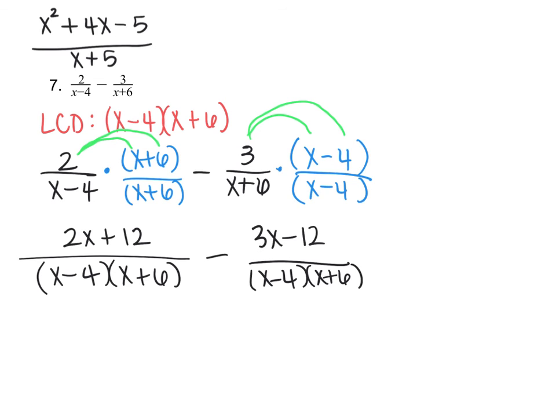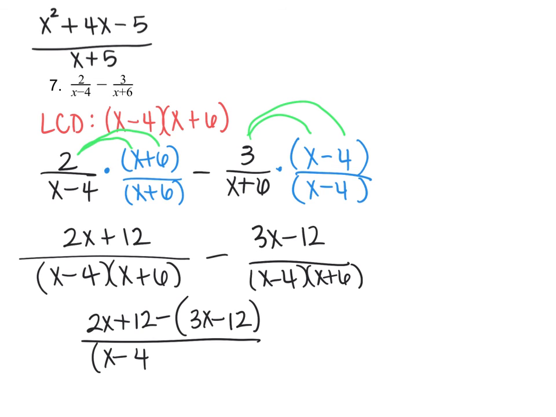And because it's a subtraction problem, I'm going to go ahead and write it as a single fraction like we did in the previous example. So 2x plus 12 minus, and then in parentheses, 3x minus 12, then our denominator, x minus 4, x plus 6.